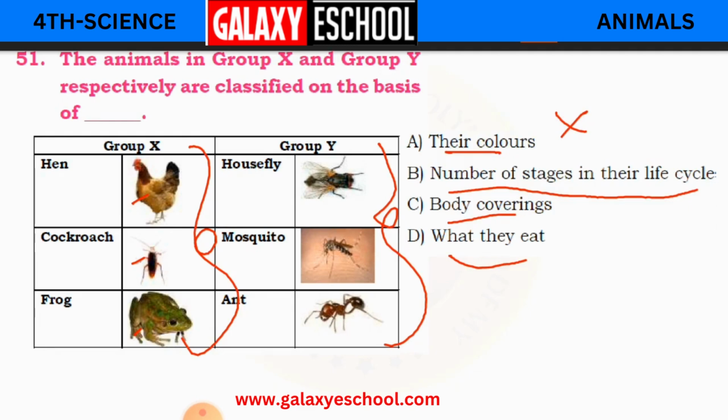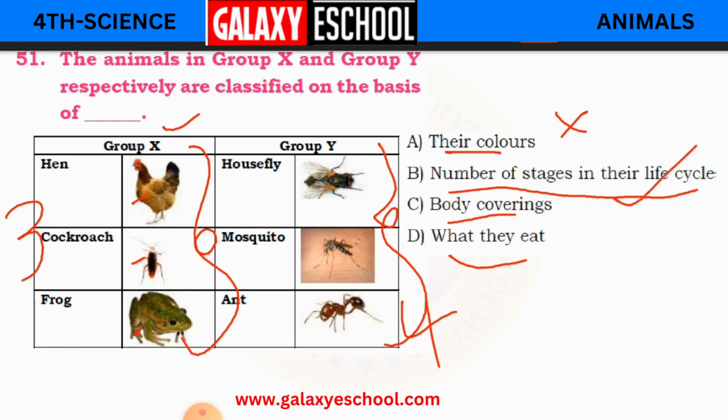If you see, hen, cockroach and frog, this is group X. They have got 3 stages in their life cycle, and group Y, that is housefly, mosquito and ant, they have got 4 stages in their life cycle. So that is why they are classified into 2 categories according to their group. That is why B will be the correct answer.